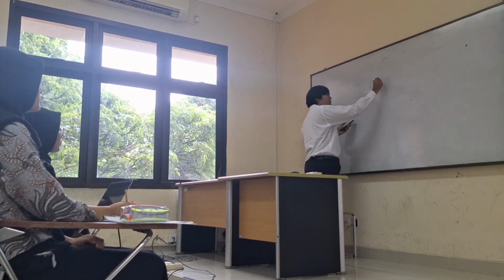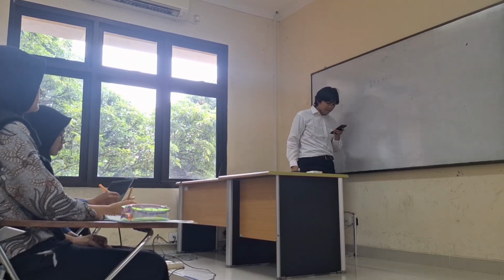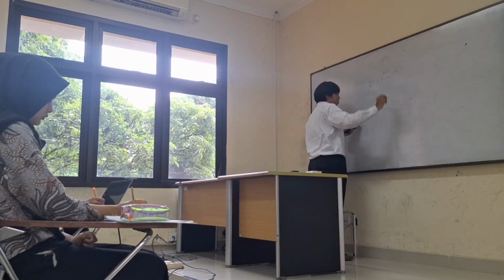3x plus 7 equals 16. Okay, Mr. Anda. So, we have 3x plus 7 equals 16. I think the first thing we need to do is subtract 7 from both sides to get rid of the 7 on the left side, right?